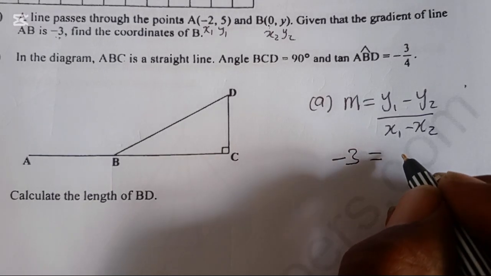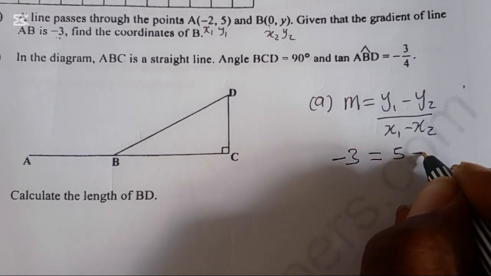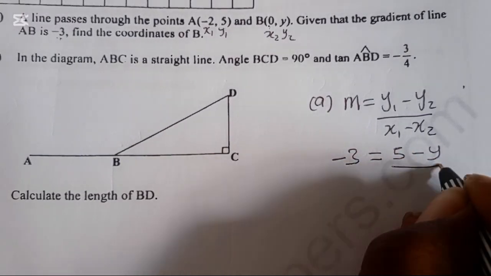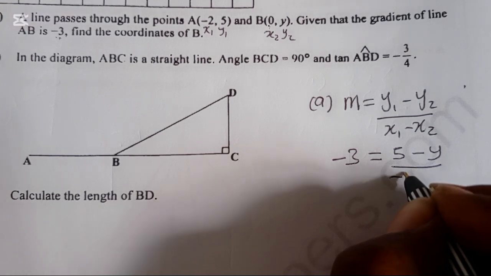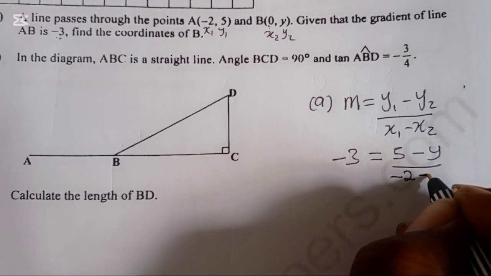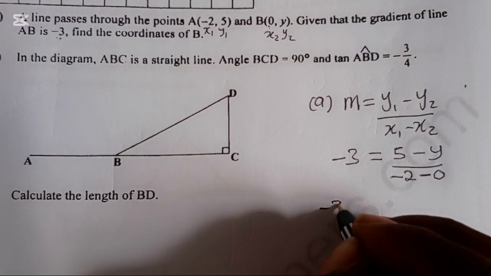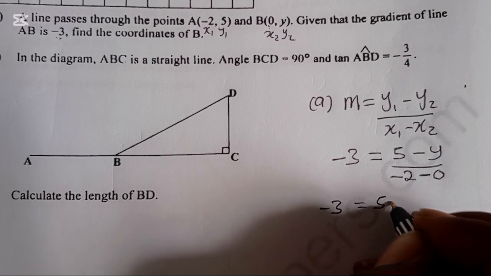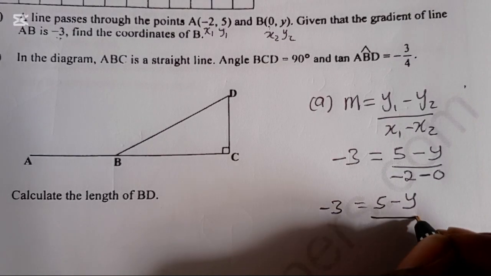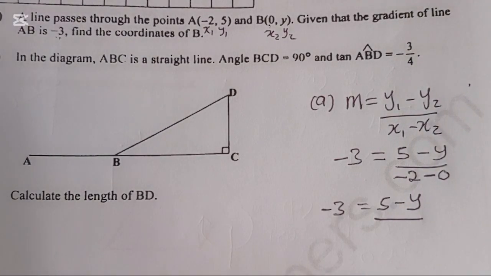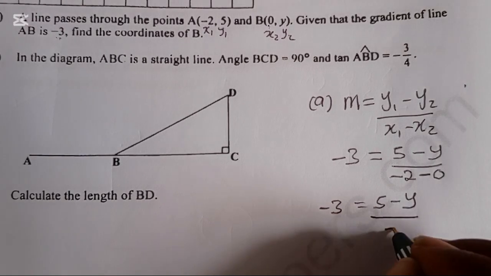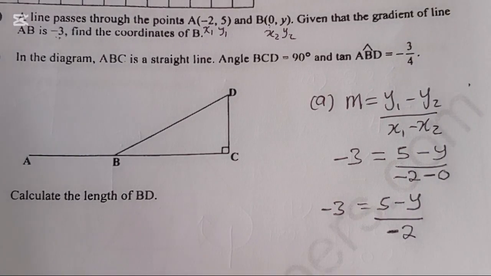So y1 is 5 minus y2 is y. x1 is -2 minus x2, it is 0. So -3 equals 5 minus y over -2 minus 0, it is -2.